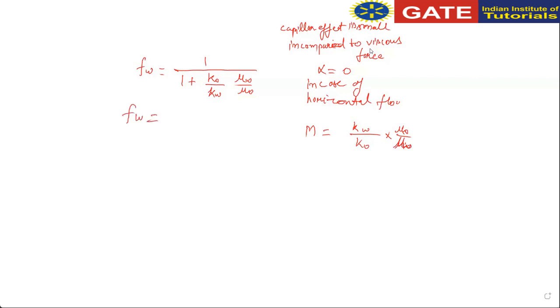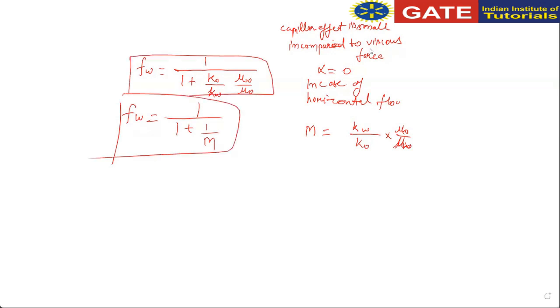So FW will be 1 upon 1 plus 1 by M. Okay. You got it? So this is also one relationship, and this is another relationship. FW is equal to QW by QT, or QT is equal to QO plus QW.